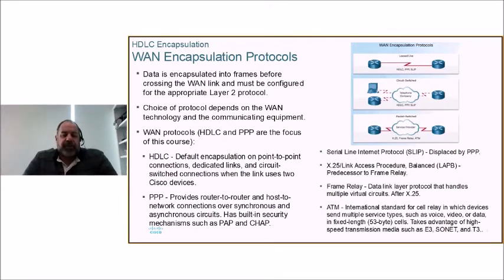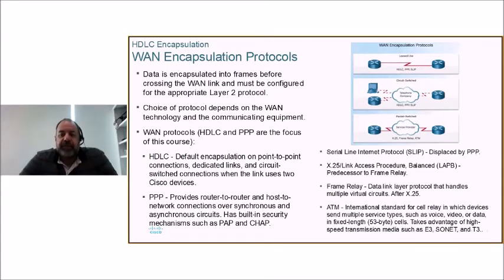And so HDLC on a Cisco device won't talk to HDLC on anyone else's devices. And so to fix that problem, PPP was developed. Point-to-point protocol provides router-to-router and host-to-network connections over synchronous and asynchronous circuits, and has built-in security mechanisms such as PAP and CHAP. And so PPP has extra functionality compared to HDLC.